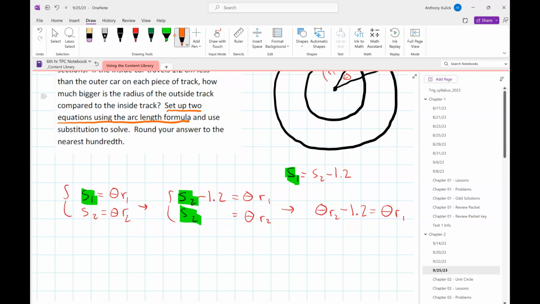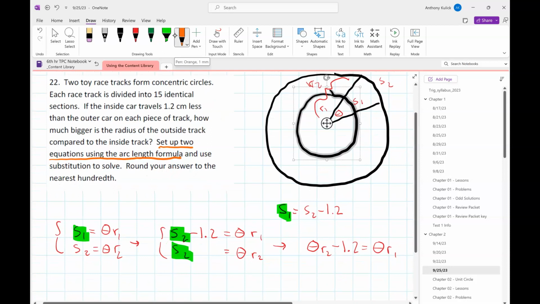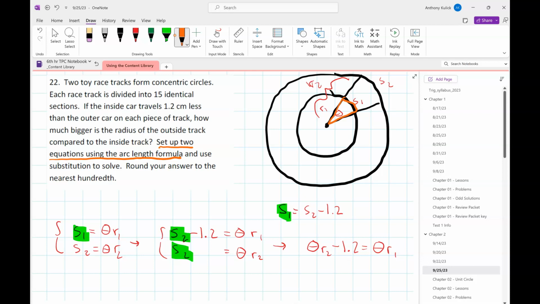For the first piece here, I just said S1 is equal to R1 theta. And then for my second sector there, I said that S2 is equal to R2 theta. Is that okay? So that's just me using the arc length formula. Yes. Theta is the central angle, as I've labeled in the picture. Right, exactly right.